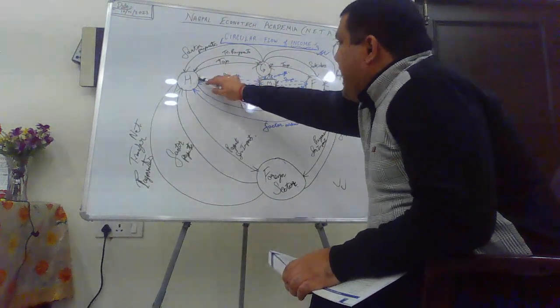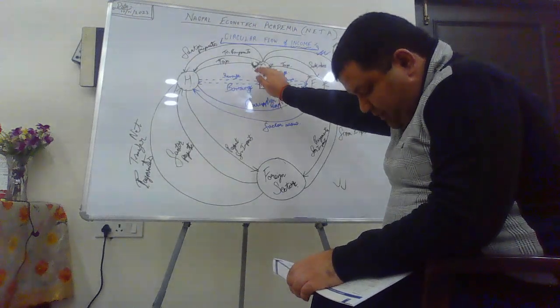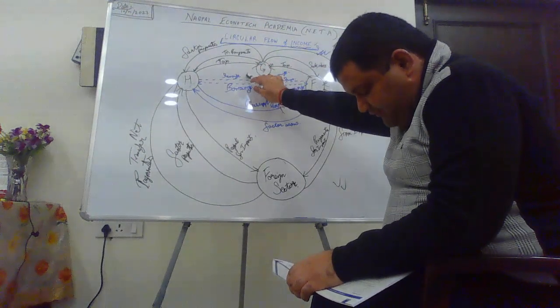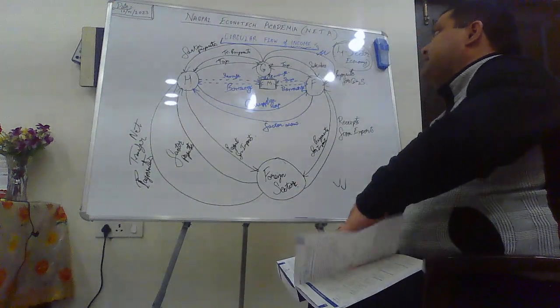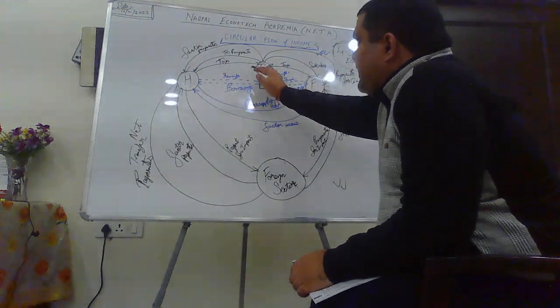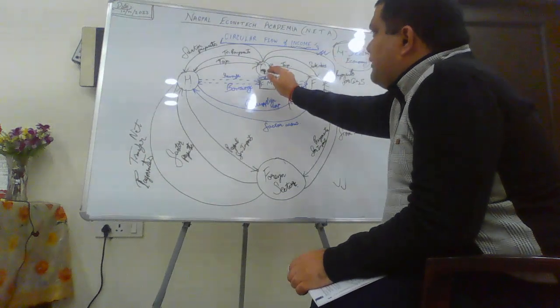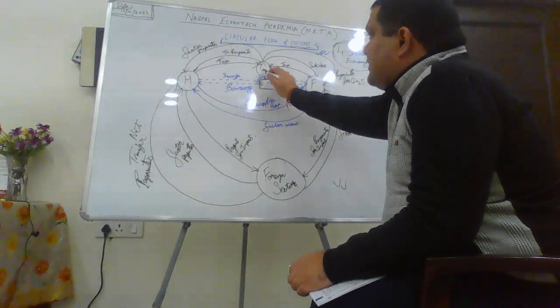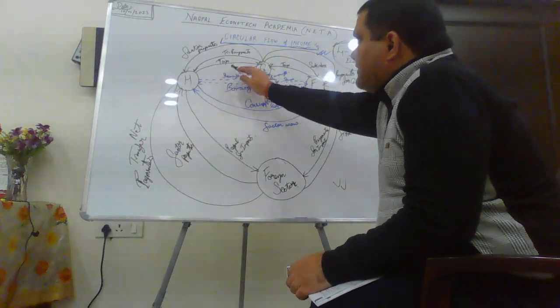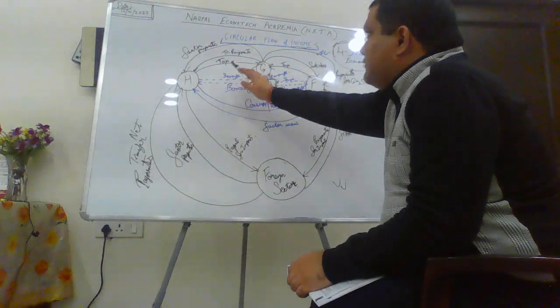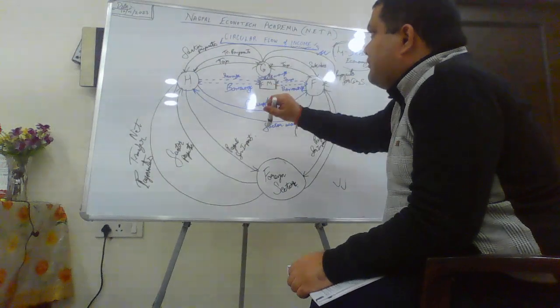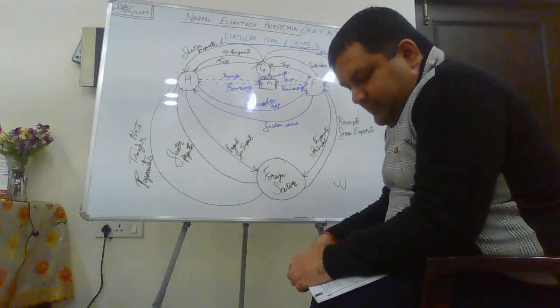Money flows back to the government from the households in the form of direct taxes like income tax, interest tax, etc. So this is the basic income of the government sector from the household sector, that is in the form of taxes, and the expenses incurred by the government sector towards the household sector in the form of factor payments and transfer payments are the expenses for the government.